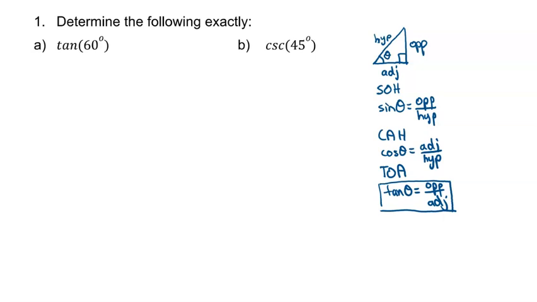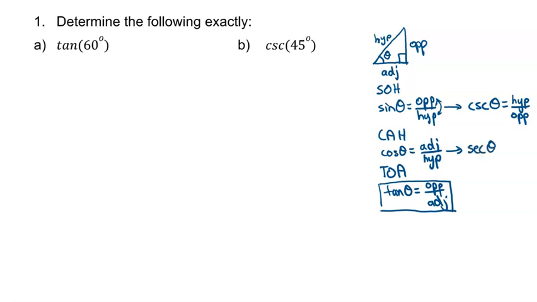For part B, I also want to understand the reciprocal identities. The reciprocal of sine is 1 over sine, and that's given by the identity cosecant. So cosecant of an angle is going to be hypotenuse over the opposite. The reciprocal of cosine is secant.